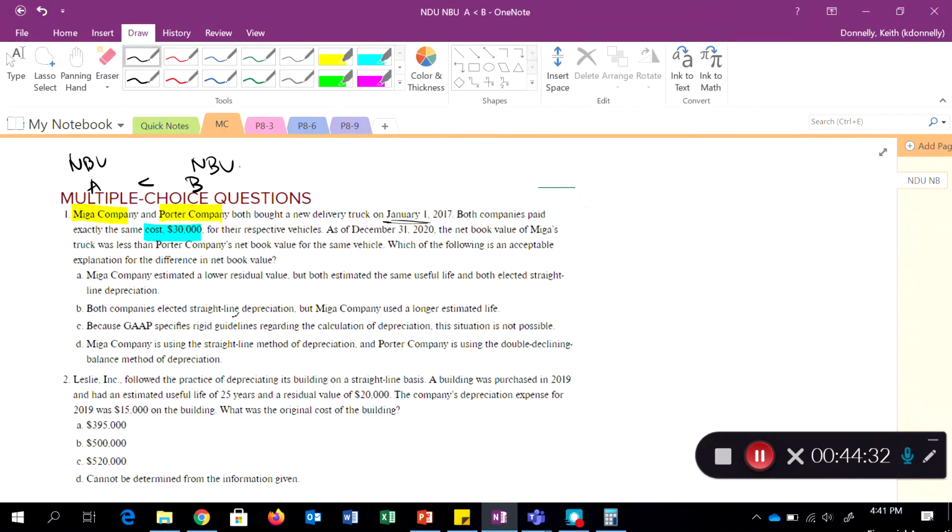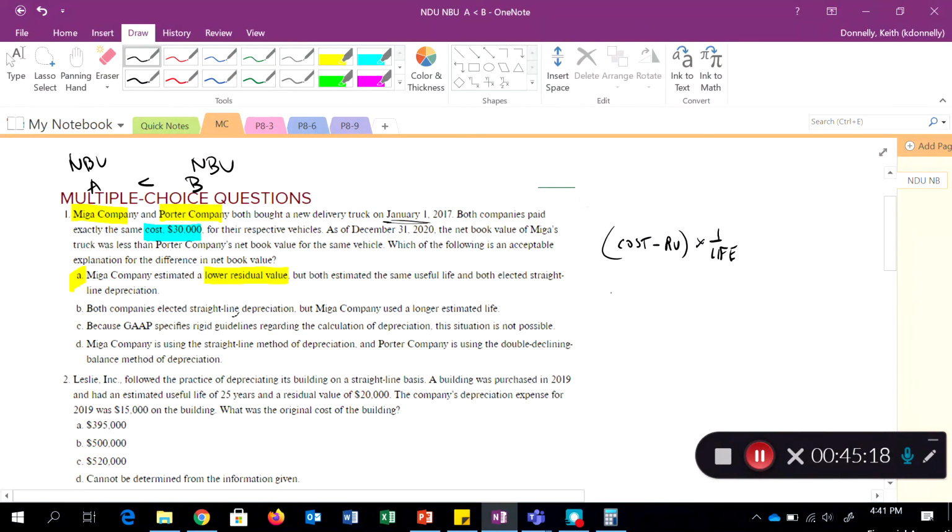But the big one we care about, and one of the ways you could explain this, is through A. Company A estimated a lower residual value. Both companies paid exactly the same, net book value. When we look at something like straight line, we know our depreciation expense equals our cost minus our residual value times 1 over the life, right?